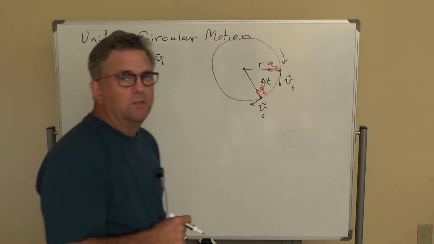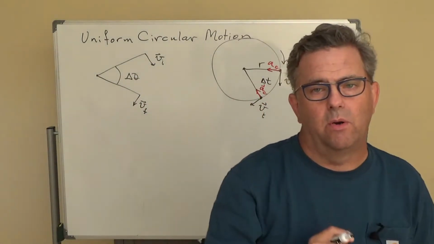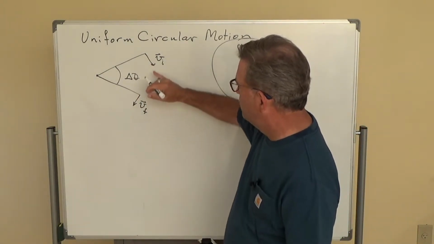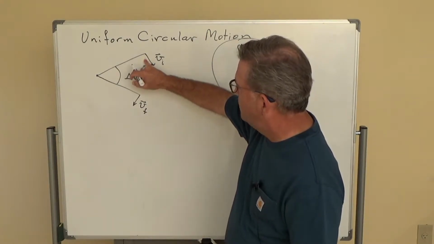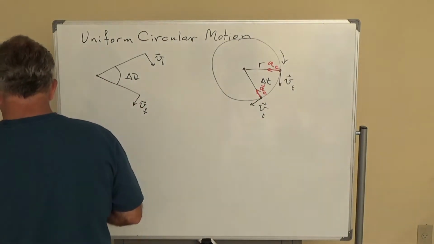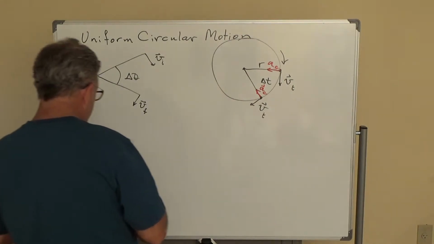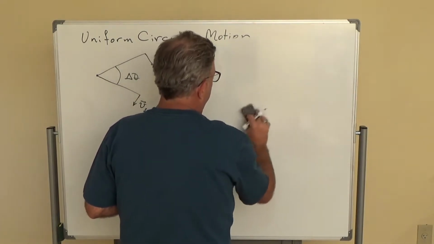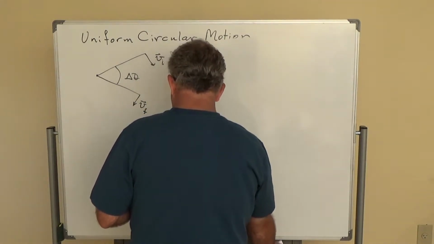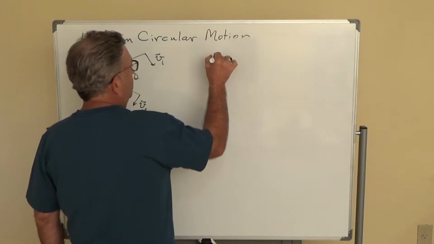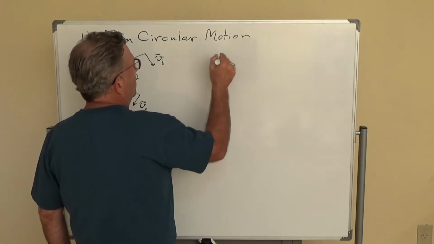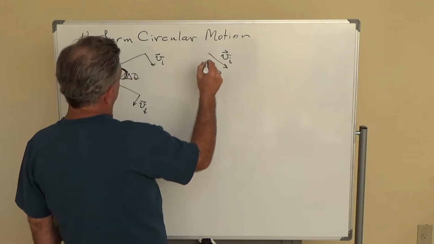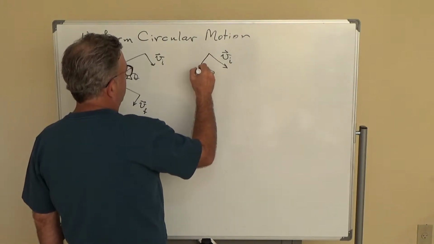Okay? So it's changing some angle around the circle, and in some time delta t, the velocity of the object went from here to here. So if we look at the angle between the velocity vectors, all right, so maybe this is V initial, and this is V final.